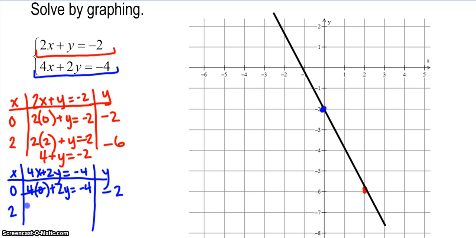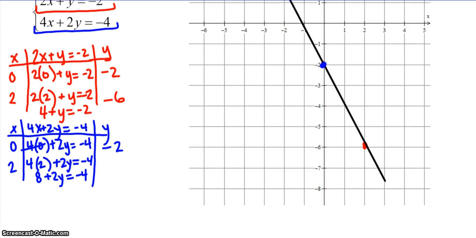However, when I put a 2 in, 4 times 2 plus 2y equals negative 4. 8 plus 2y equals negative 4. If I continue solving this and I subtract 8 from both sides, I have 2y equals negative 12, meaning y would be negative 6. 2, negative 6.